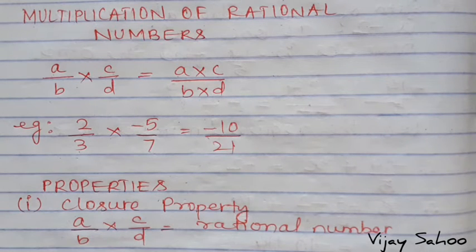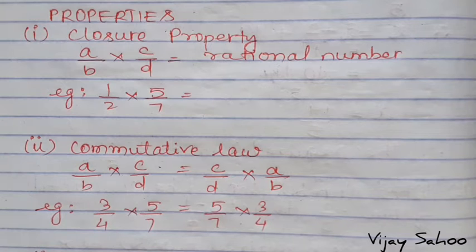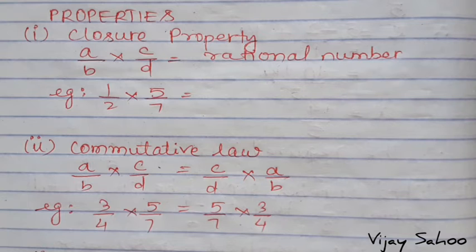Now we'll move to the different properties of multiplication of rational numbers. I'll start with the first one, that is closure property. What is closure property? The product of two rational numbers is always a rational number.